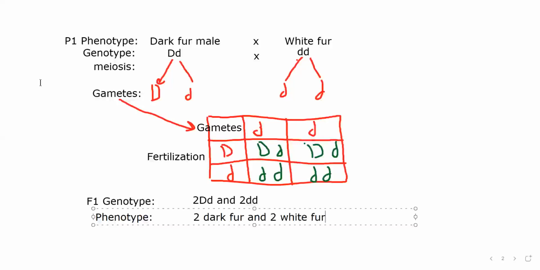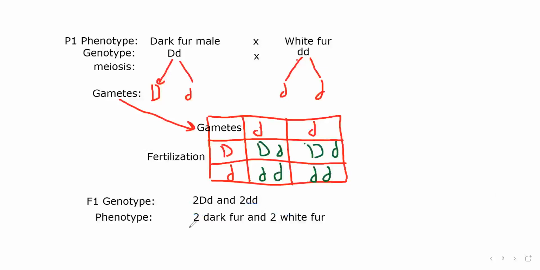Because of course, this here gives me dark, and this here gives me white. So that's what I have. Now, with that, I think our genetic cross is done.